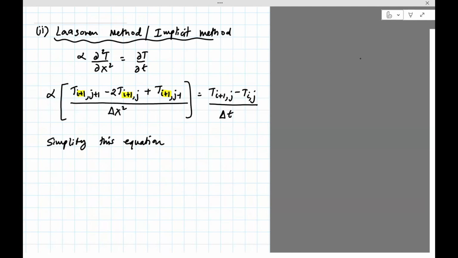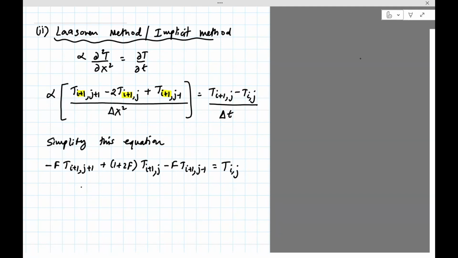So I can write this as minus f T(i+1, j+1) plus (1 plus 2f) T(i+1, j) and then finally minus f T(i+1, j-1) equals T(i, j).